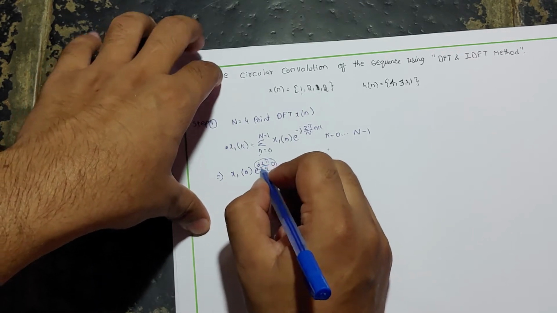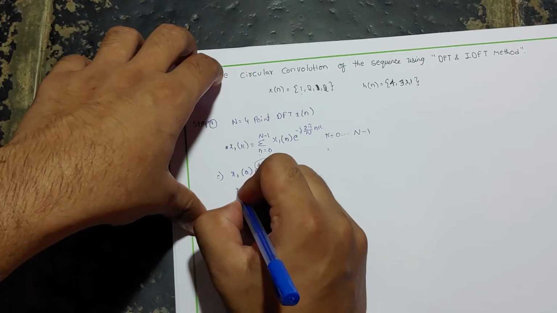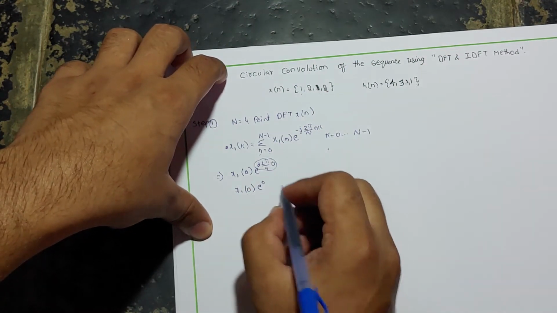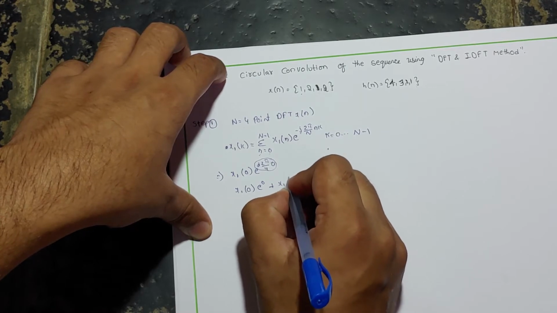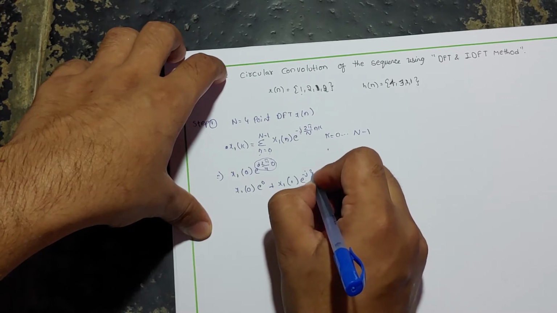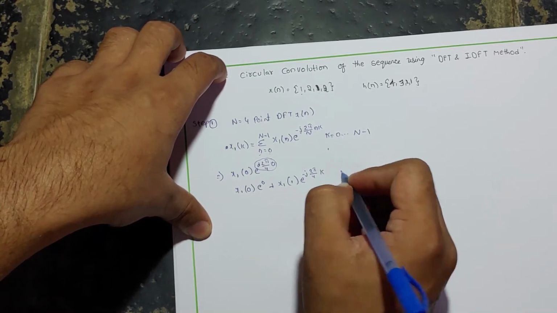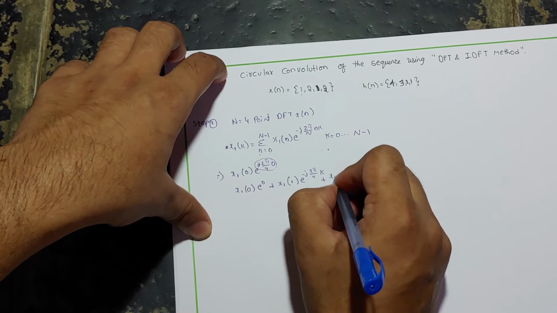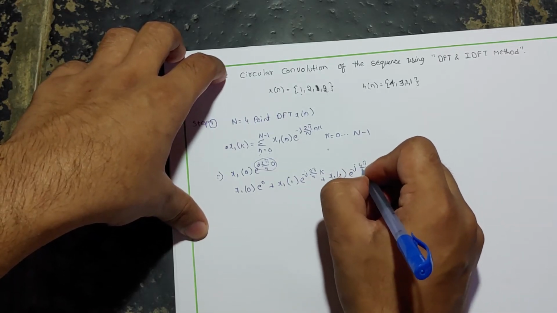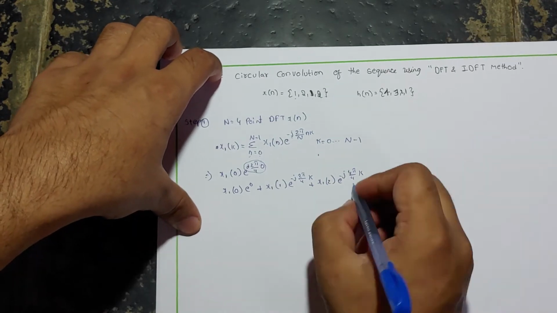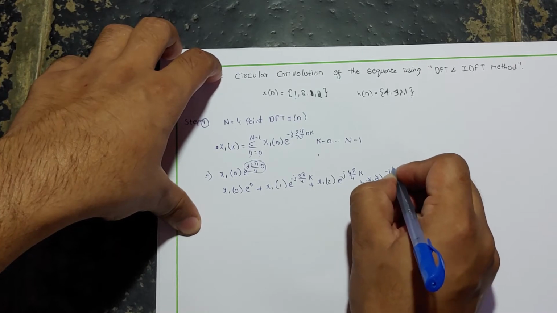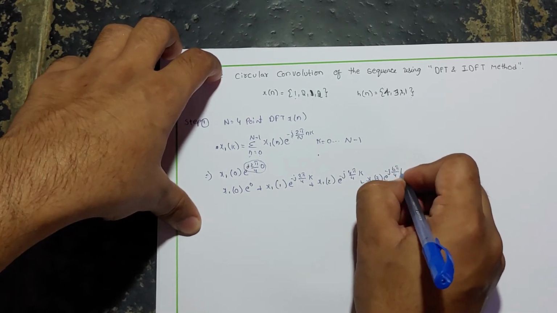E power of 0 is equal to 1. That is x1 of 0 into e power of 0, plus x1 of 1 into e power of minus j into 2 pi by 4 times k, plus x1 of 2 into e power of minus j into 4 pi by 4 times k, plus x1 of 3 into e power of minus j into 6 pi by 4 times k.